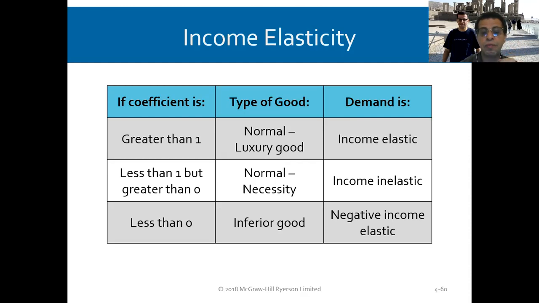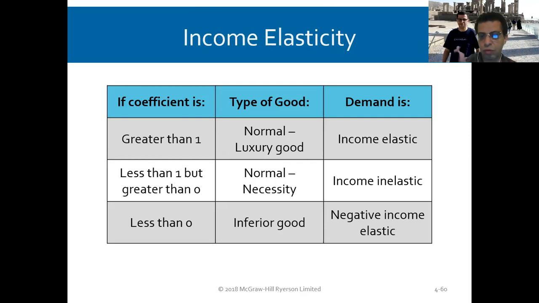So if your coefficient is less than zero, then in the case of an inferior good, the income elasticity is negative, because the more you lose your income, the more you ignore the normal good and start buying the inferior good. You stop buying meat, which is a normal good, and you go and buy more rice and potatoes.